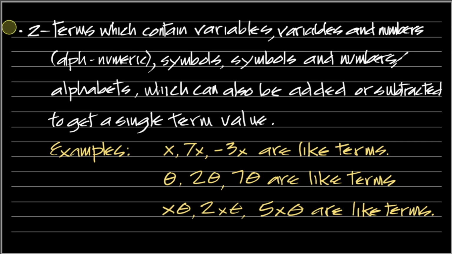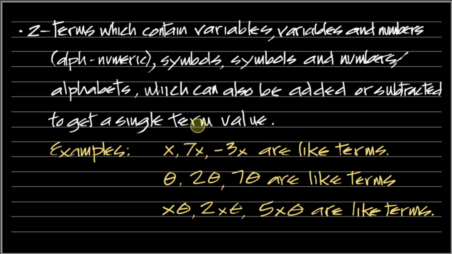Part 2. Like terms are terms which contain variables and numbers, which is known as alphanumeric format: symbols and numbers through alphabets combination, which can also be added or subtracted to get a single term value.